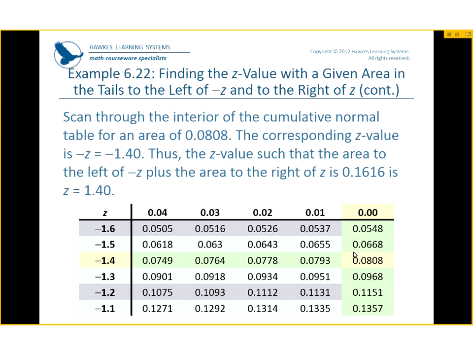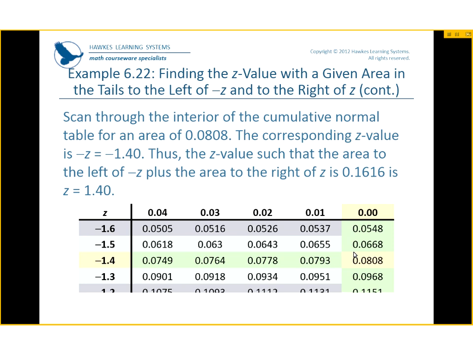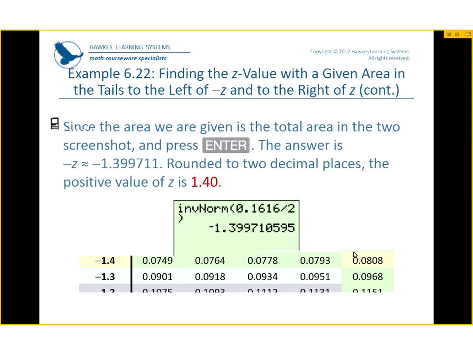It's going to be 0.9912. And why is that? Because if I took both areas of the negative and the positive z-score for one value, such as negative 1.40 and positive 1.40, it's going to equal 1 because I'm taking into account the part to the left and the part to the right. Okay? So let's keep going.